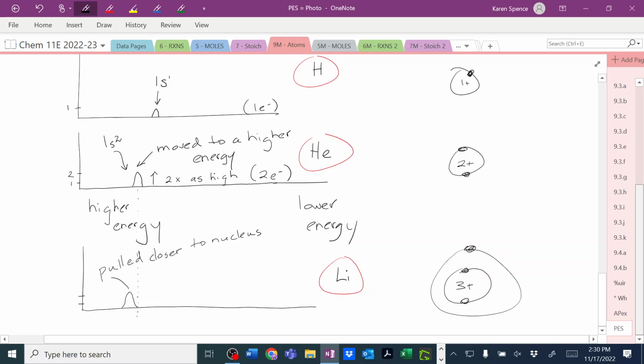It is, but that's not as large a factor. You mean the 2s subshell?